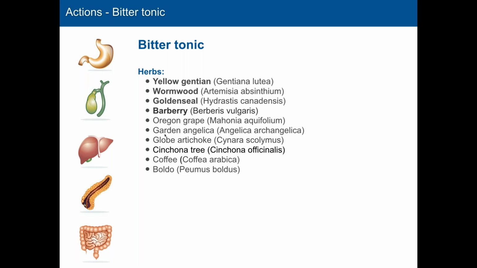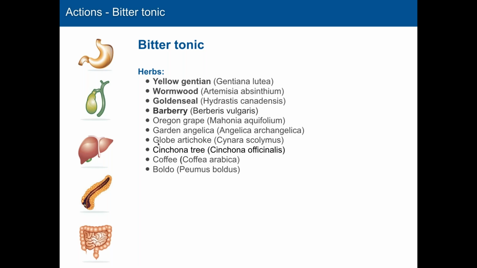Other herbs like Garden Angelica, for example, it's often found in a lot of different liqueurs like chartreuse and some other liqueurs. It's a bitter, it has some essential oils in it, so it's sometimes referred to as an aromatic bitter or carminative as well as a bitter. So I don't use it a lot.